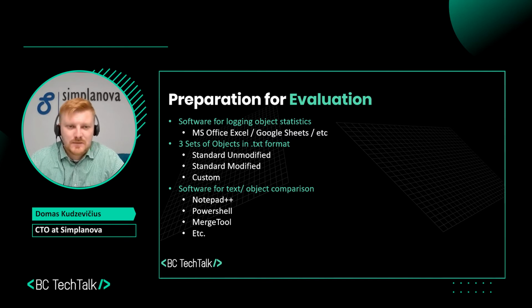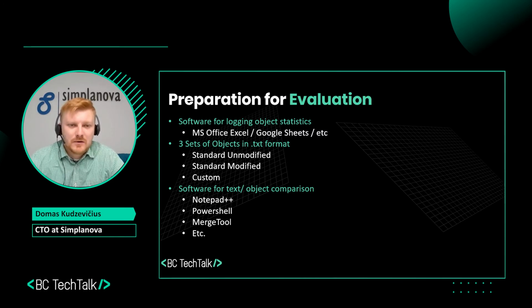Then you're going to need 3 sets of objects in text files. The first object set will be a completely standard solution on which you have built your customizations. The second set of objects is going to be your standard objects from your custom solution, so basically your modifications. And the third set is going to be only the custom objects.